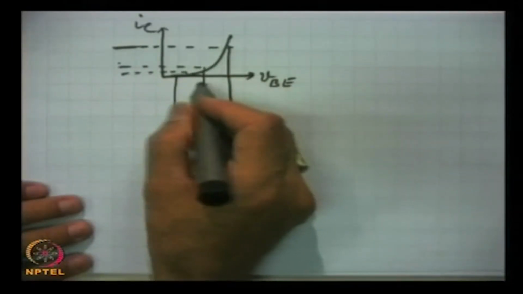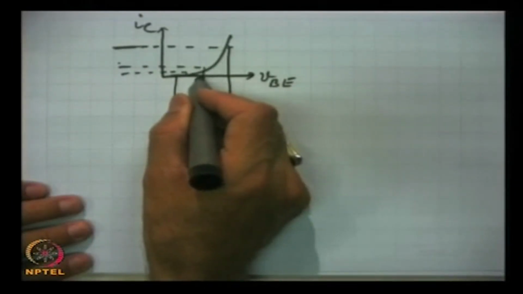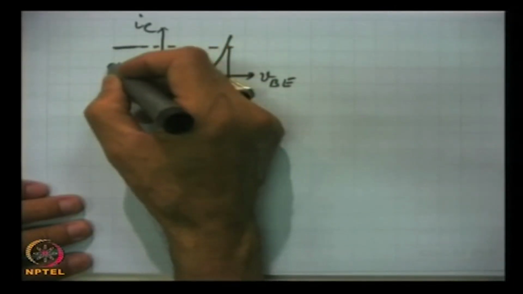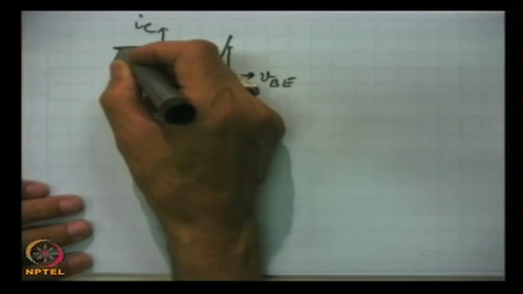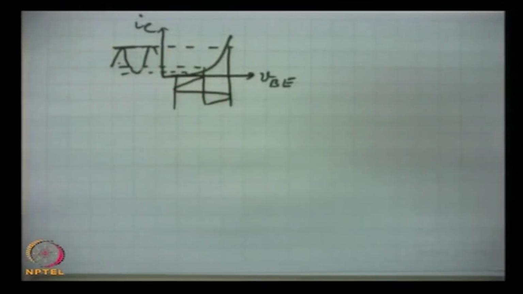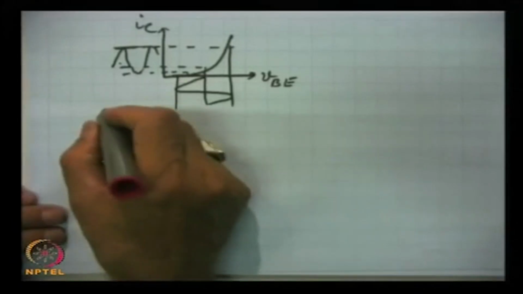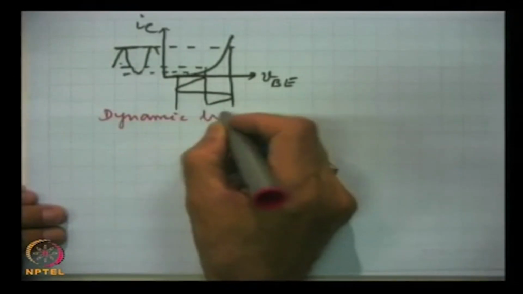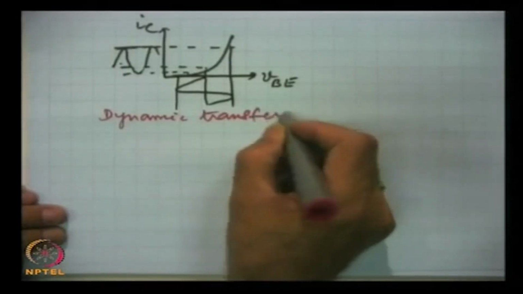See the different regions of the input voltage: they will give rise to different asymmetric output currents, and this is the net distortion. This is the dynamic transfer curve.